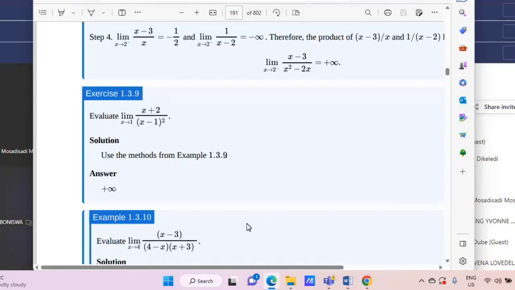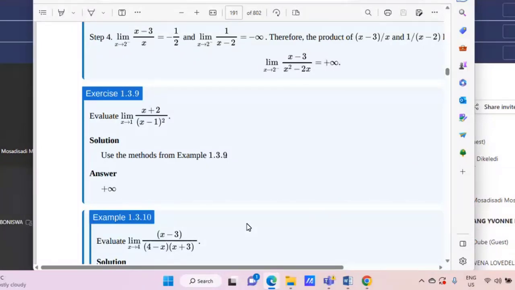Okay. When they say x approaches 4 from the left, it means that x is less than 4. When they say x approaches 4 from the right, then it means x is greater than 4. Yes, I know that one. All right, continue.